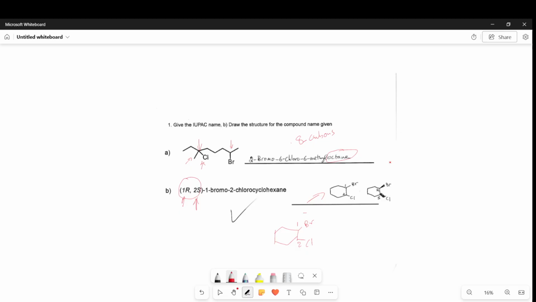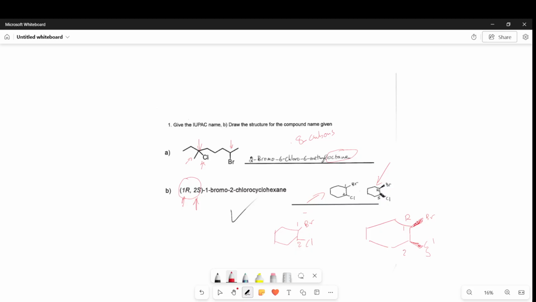So here I have identified the configuration where bromine and chlorine are on a wedge. This would give you an R stereochemistry, and here is an S configuration for chlorine. So this is the 1 position, this is the 2 position. For the way of naming, I would just give you an example.